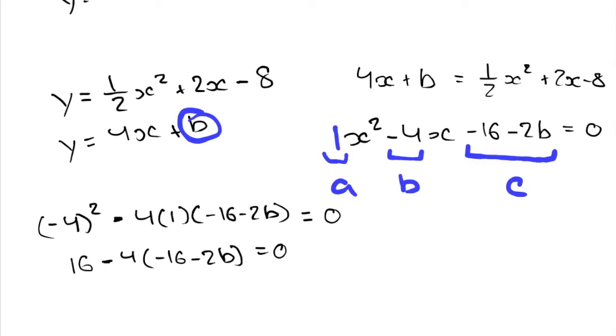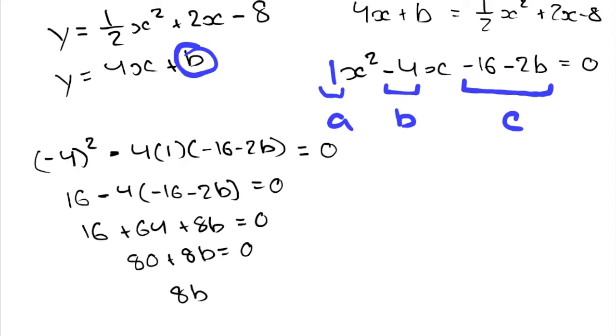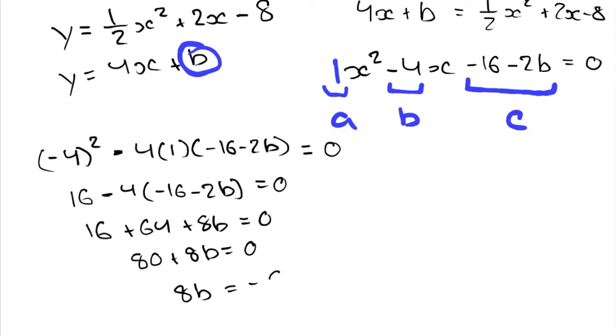And to solve this, it would be -4 times -16, which is 64. So 16 plus 64 plus 8b is equal to 0. 16 plus 64 is 80. So 80 plus 8b is equal to 0. And scroll down a bit lower, we get 8b is equal to -80.